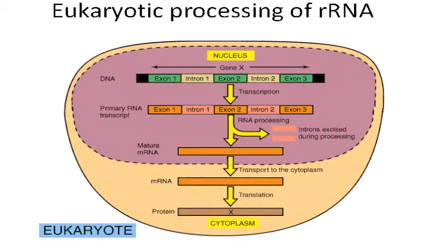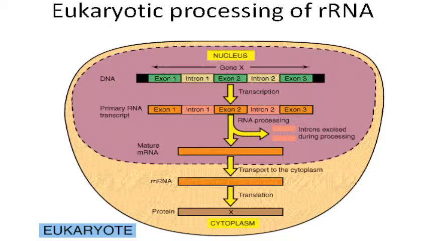But it is a little bit different in the eukaryotic cell. This is gene A. Gene A consists of exons, introns, and so on. It should be transcribed, should be processed, and then go out from the nucleus to the cytoplasm, and then in this position it will be translated to be a protein.